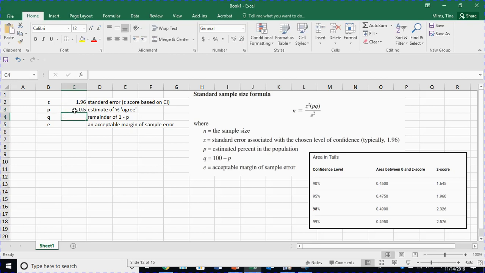So we're going to put in a 0.5 here, but we have to calculate Q, because Q is the remainder of 1 less whatever that P estimate was, okay? For now, we have half answered yes, so the remainder that answered no is likely the remainder, which is 50%.